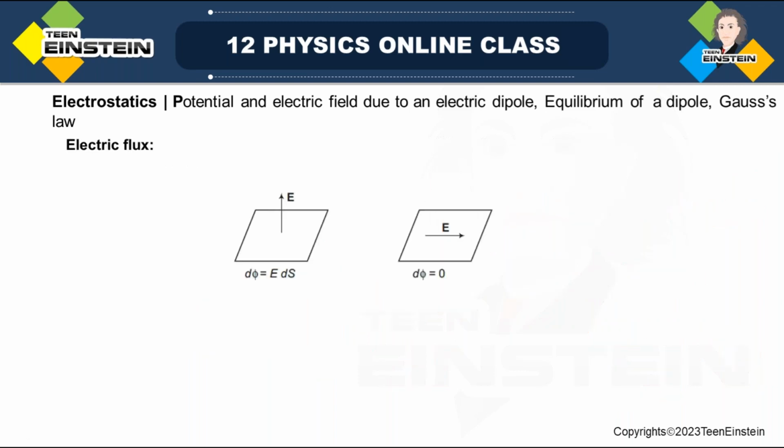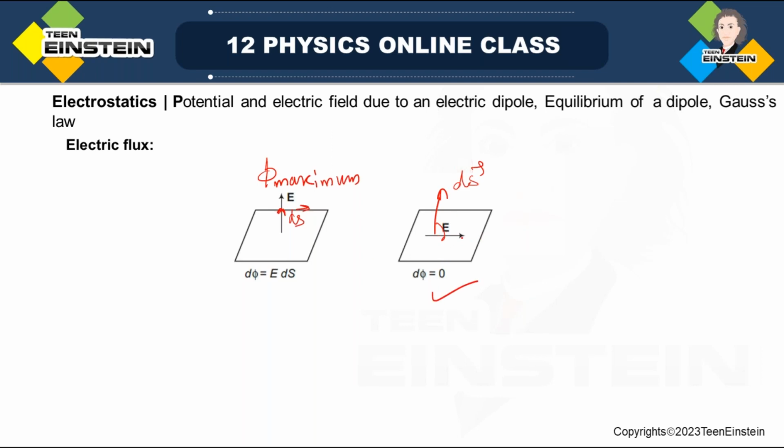In the other case, dS is this way and the electric field is in this way, so 90 degrees, so flux is 0.